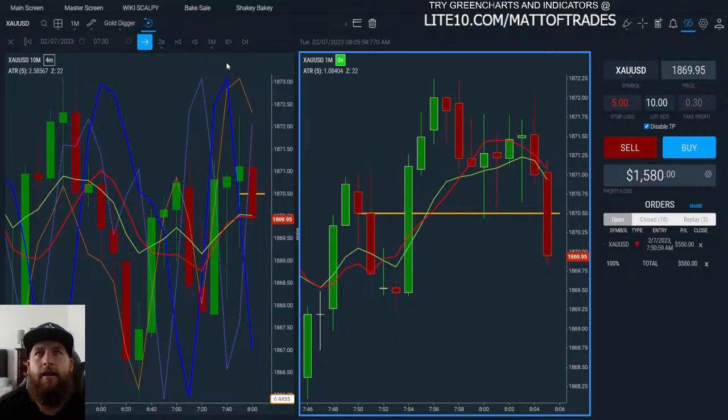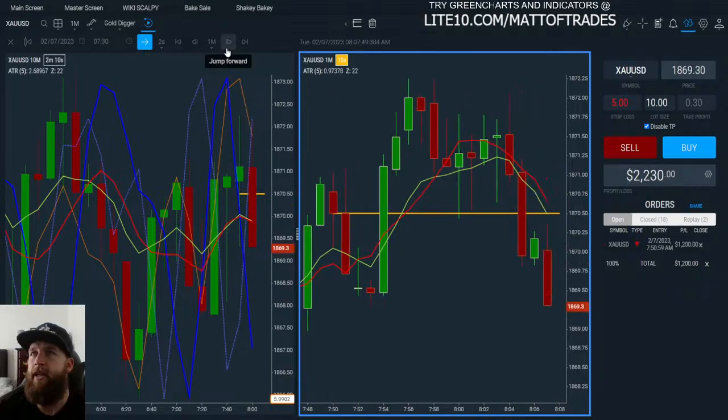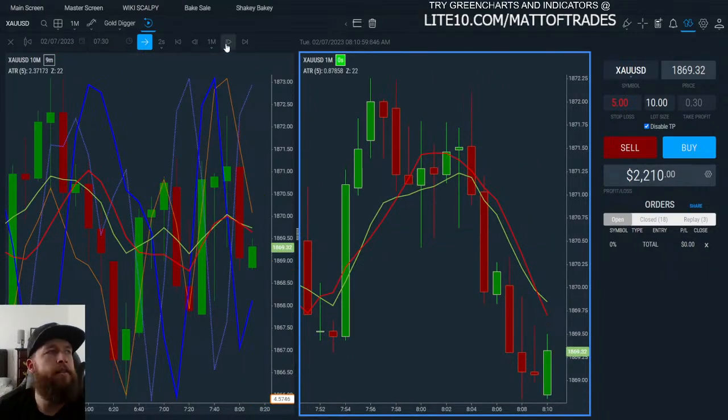Okay. So this right here would actually be a fresh entry. Haven't taken two trades at the same time, but that's a good signal that it's going to keep doing what we want it to, at least. All right, close that one out for almost 1,200. So that's good.